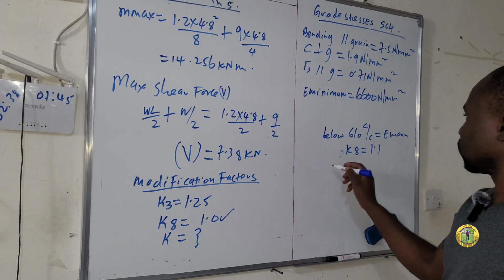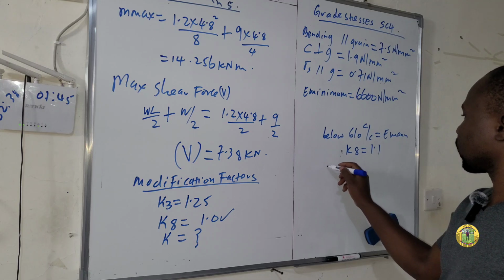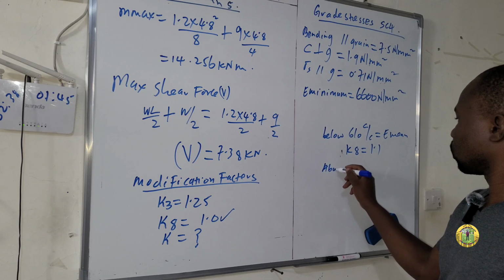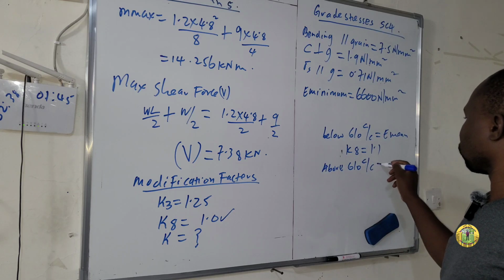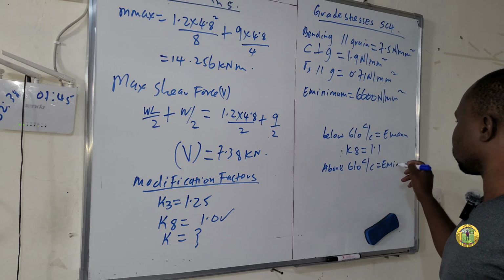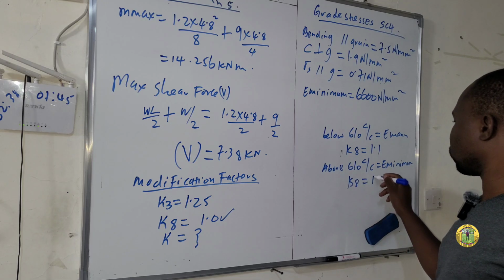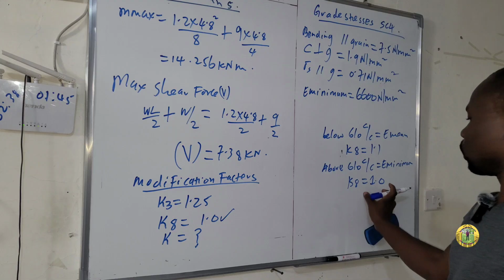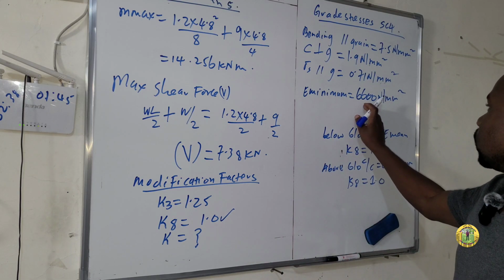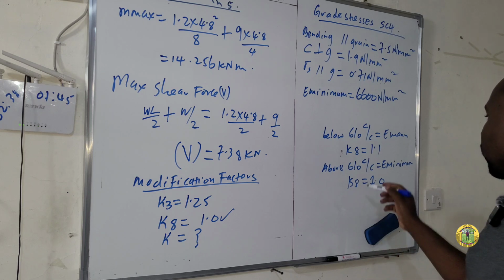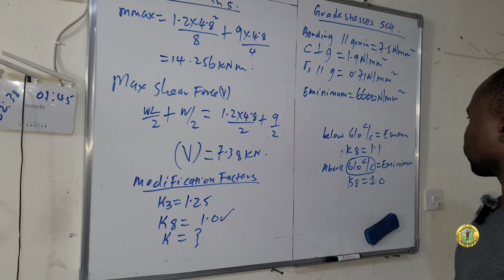But when the joist or any system is above 610 center to center, we'll use E minimum, and K8 is equal to 1.0. So this 1.0 is what has guided me to use E minimum. You can be guided by the spacing of the joist or system.